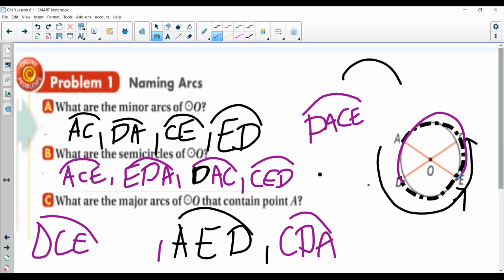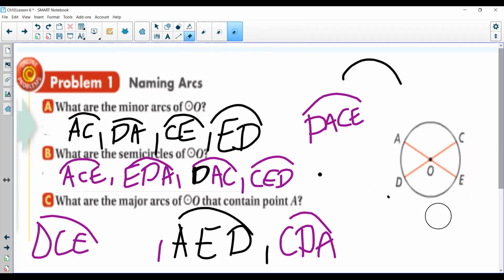DEC is not a major arc. It will be a semicircle. Oh, you mean DCA from DACE? It's not DCE, it's DACE, right? It is D, C, E.